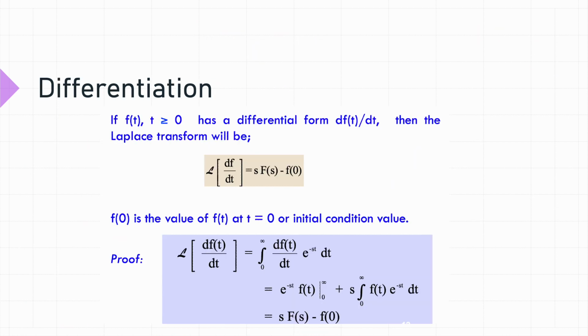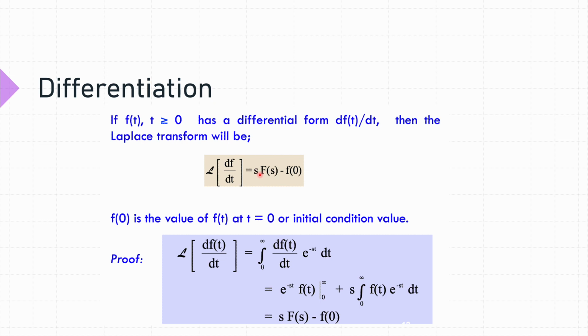Okay, let's look at another operation, which is the differentiation operation. For example, given your time domain equation in a differentiation form, you need to determine the Laplace transform of that equation.